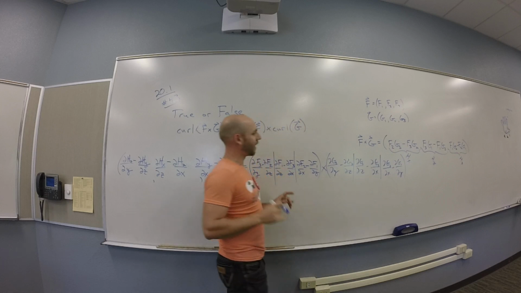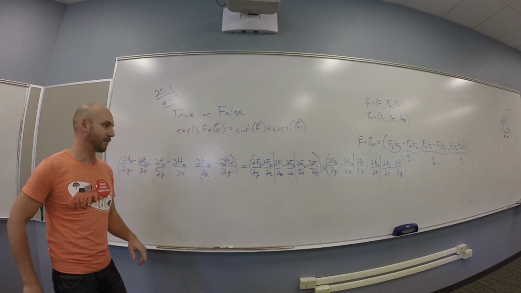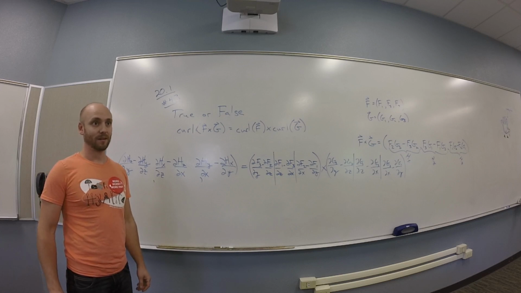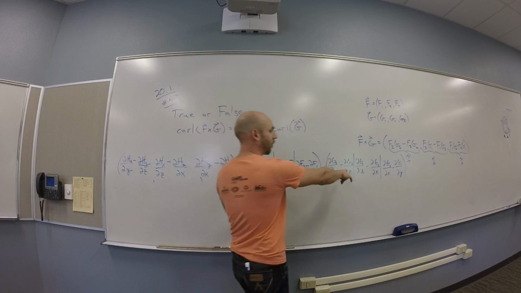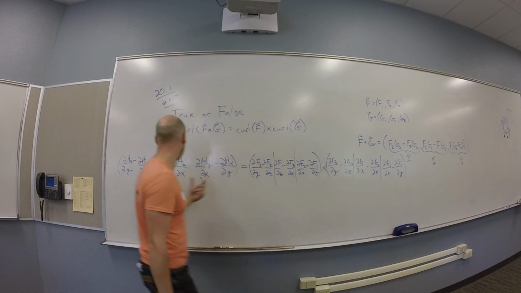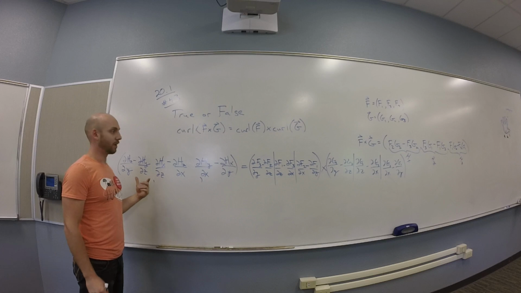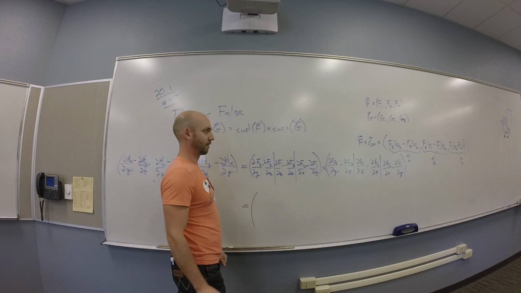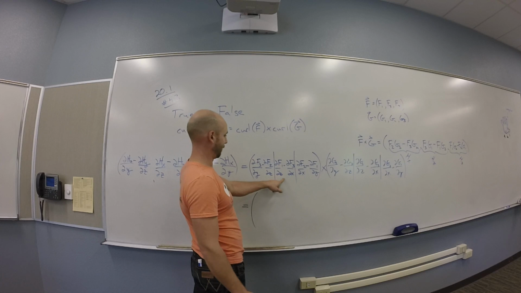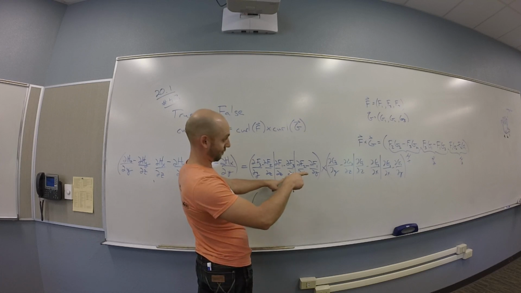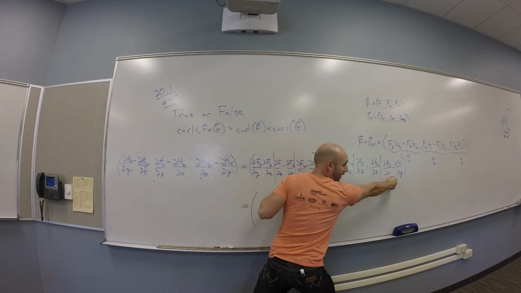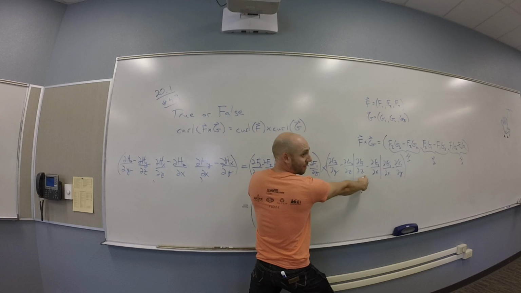At the very least, I can just get one of the components at first, right? Because I feel like this is probably pretty unlikely. So let me get the first component out of this cross product and just see if it matches the first component over here. Is everyone all right with that? So what's the first component of the cross product? It's in parentheses the partial of G2 over partial of X minus G1 over Y. Should be this times that minus this times that.